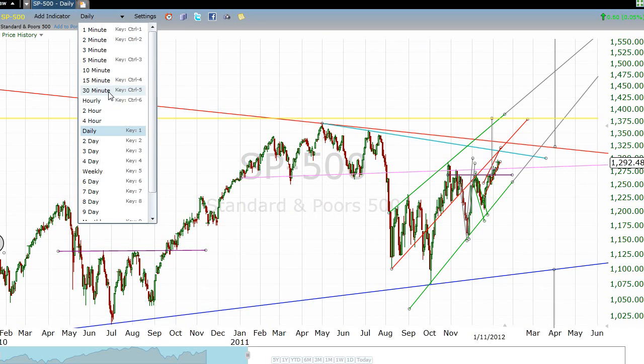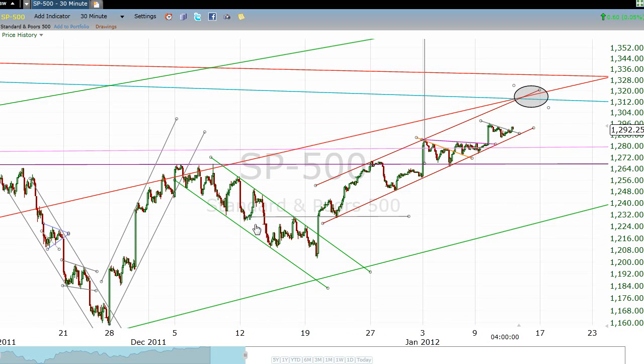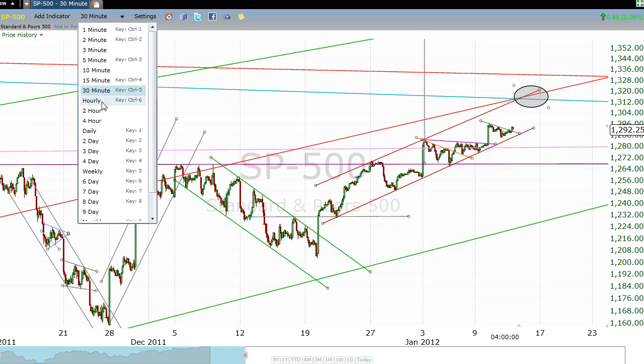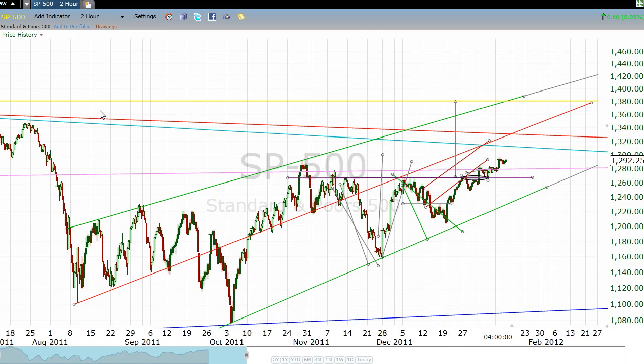Okay? If we look at a 30-minute chart, check that. Let's do it on a 2-hour chart. The market is also right at about the same levels that it was at back in late October after coming off that early October low.